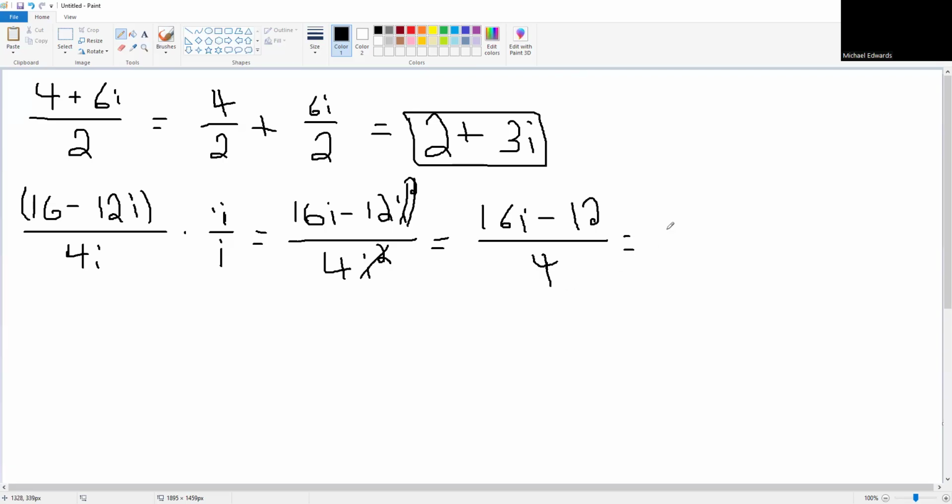Now you get this to be 16i over 4 minus 12 over 4. And this would be, oh, it's a negative. There's a negative 4? No, because i squared is a negative. Oh, that's how it works. Okay, well, that's interesting.